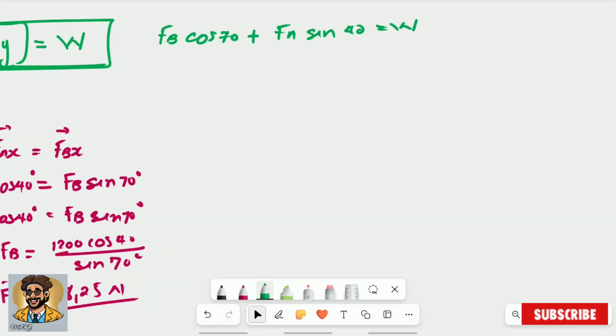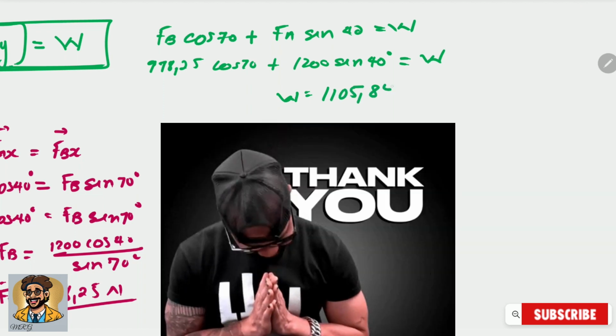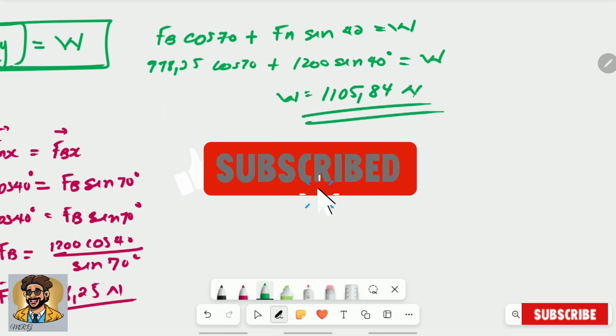Fb, how much did we get? 978.25 cos 70 plus Fa, which was 1,200, sine 40 degrees, that will be equal to the weight. How much do you get? So we get here that the weight is equal to 1,105.84 Newton. That is the weight.